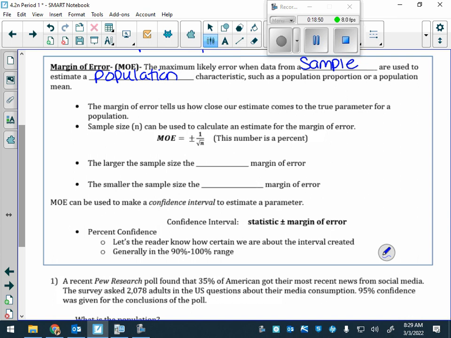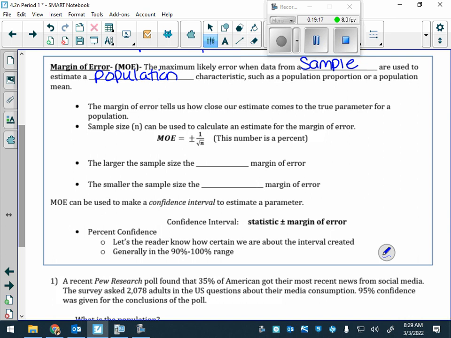The margin of error is, we use this as a buffer, okay? So there's not going to be an exact percentage per se that represents the population, because that means it's definite, that it happens all the time at this percentage. So we use the margin of error, and the quick method that we use is plus or minus the square root. Also, we need a range of numbers.